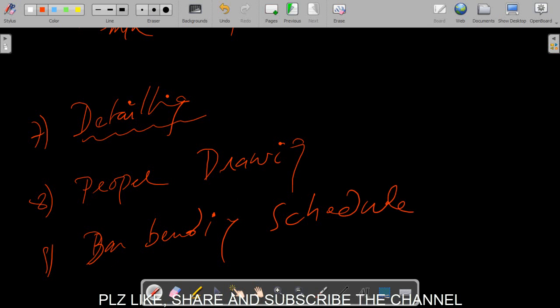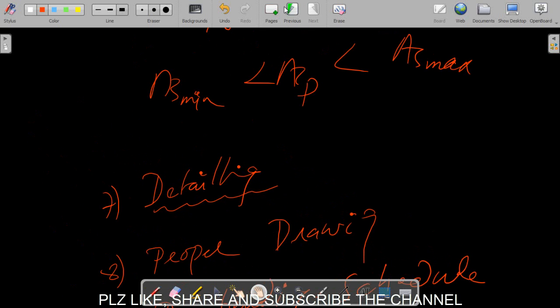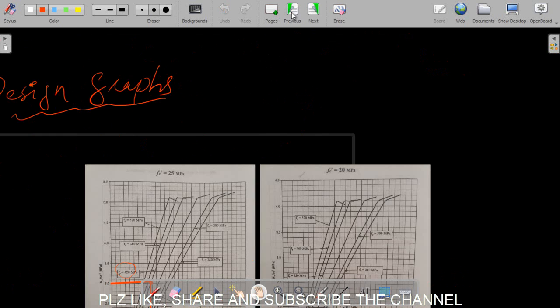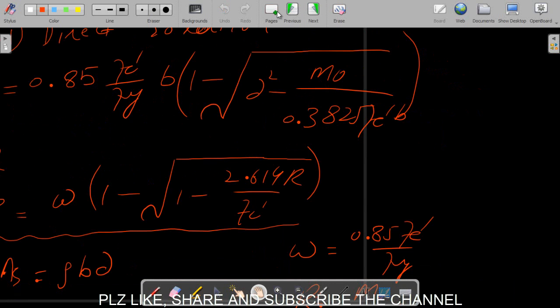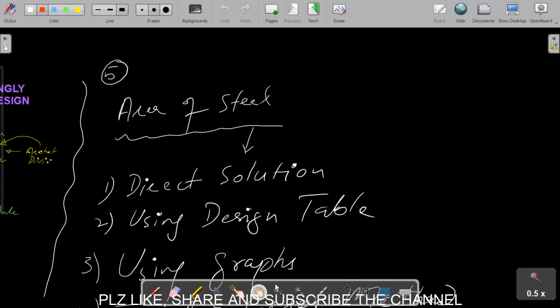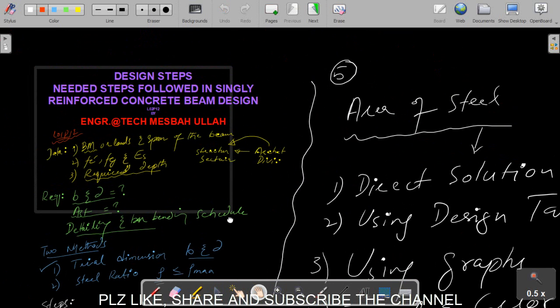So this ends these steps. We will do all these steps in our design examples. You will see how we do these steps, and how we follow these steps, and how we will design a beam.